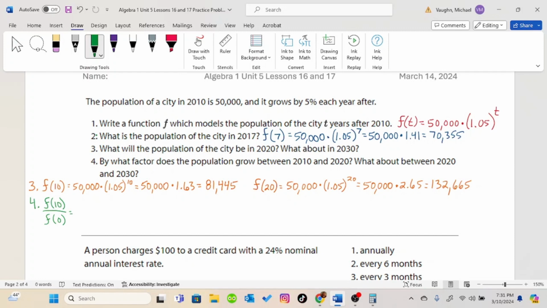So we said f of 10 was 81,445, and our starting amount was 50,000.